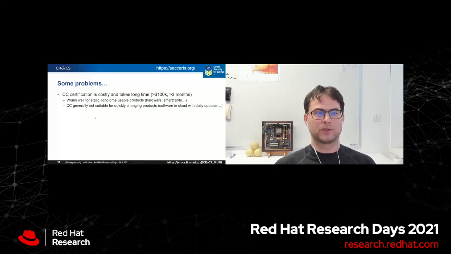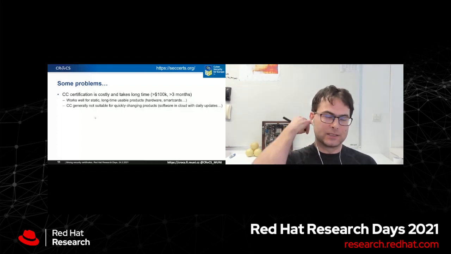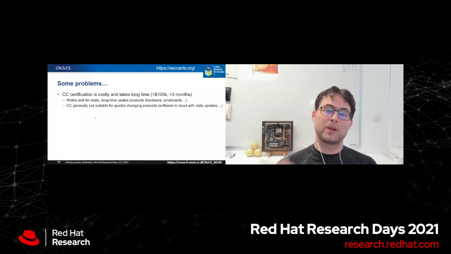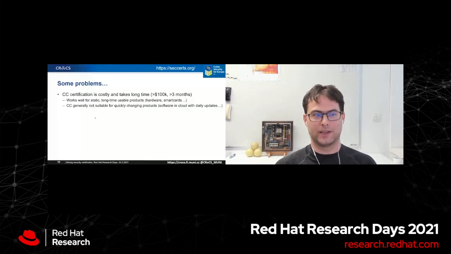There are some problems. So first of all, we can't just get all the data, and we can't get them quickly because it takes quite a long time for certification to be even performed. So these documents are not short, and the overall certification is quite costly and takes a long time. The figures I was able to find were something north of $100K, definitely more than 3 months, and so on.